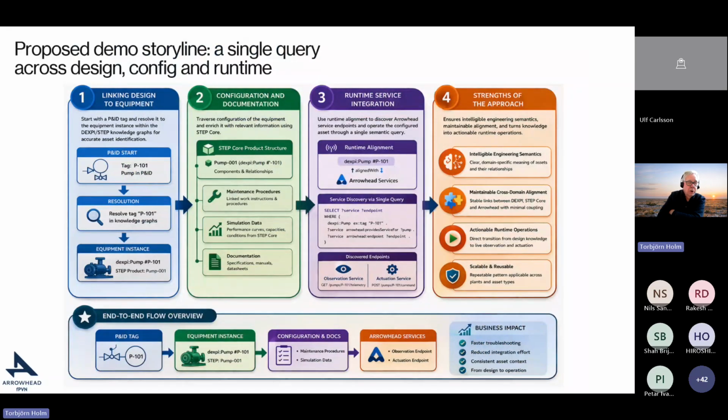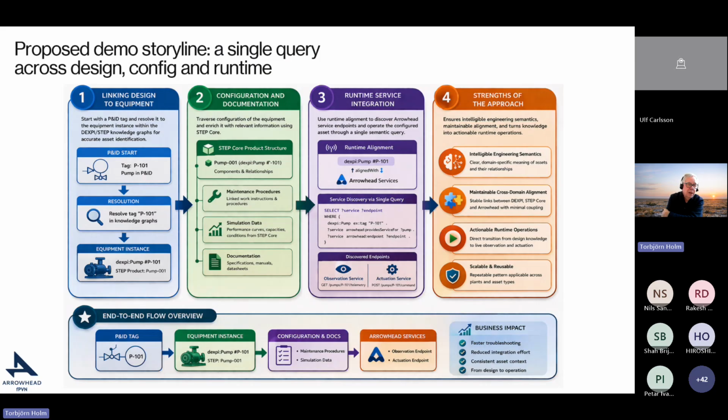So things that we are now going to demonstrate, and we are now going to create a large set of small videos to demonstrate what can be done. One of them is linking design to equipment.